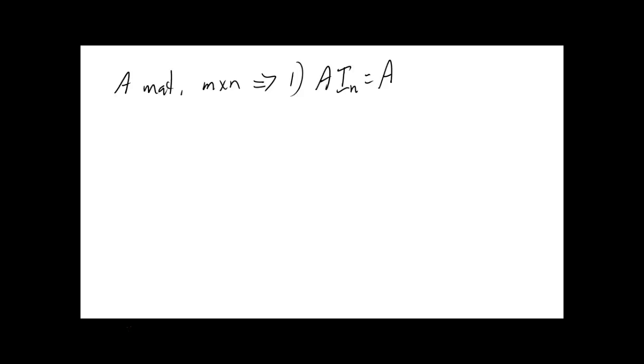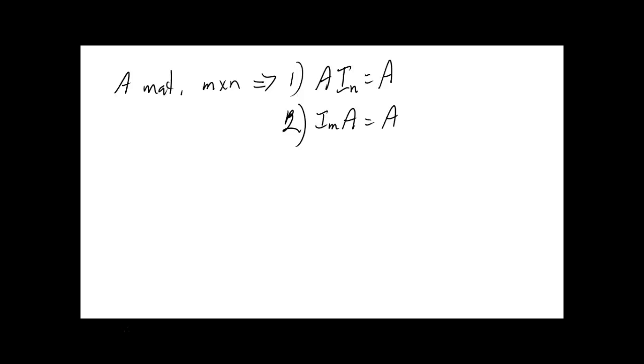The B part here. Sorry, 1b. If you have I sub m times A, that's also going to equal A. But you see, the identity matrix multiplied on the left has to be an m by m identity matrix because A is m by n, and an m by m times an m by n is going to be an m by n.